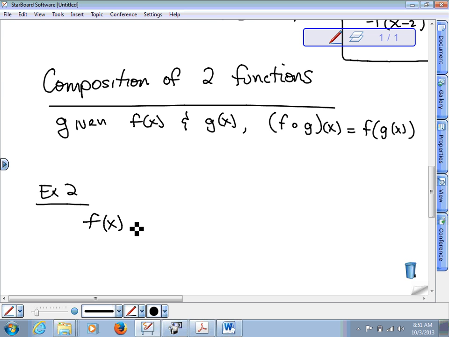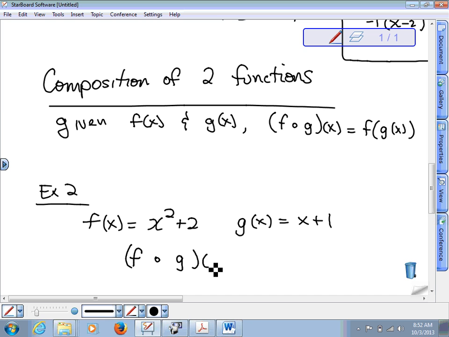If f of x is equal to x squared plus 2, g of x is equal to x plus 1, I ask you to find f of g of x for part A. F of g of x.